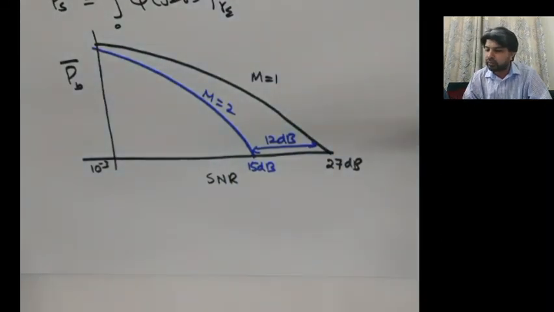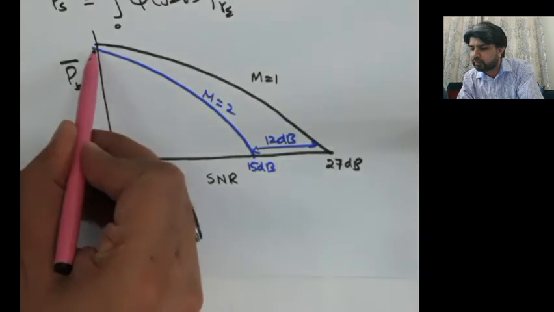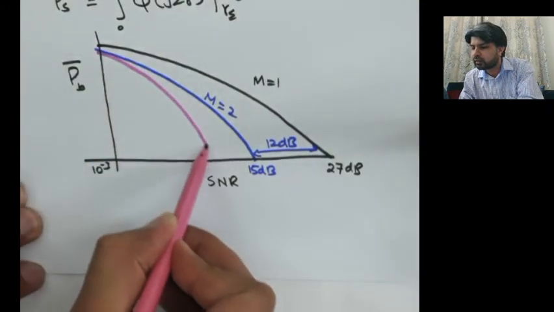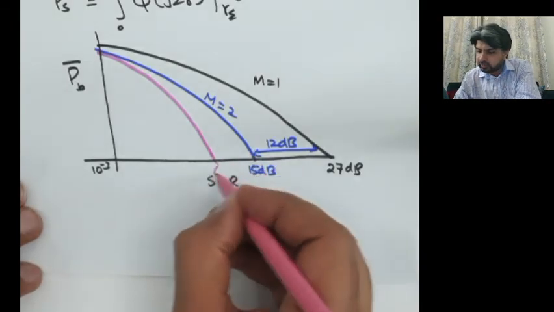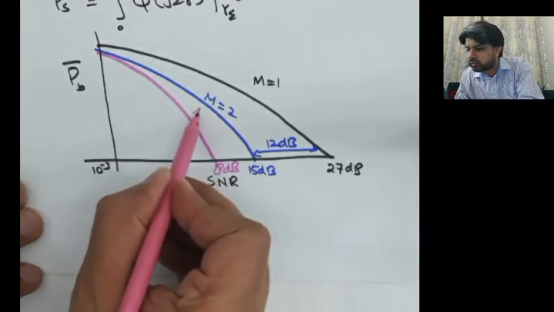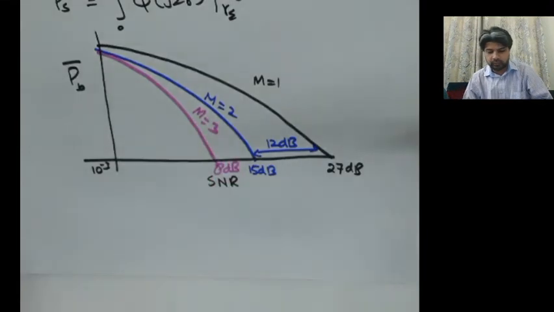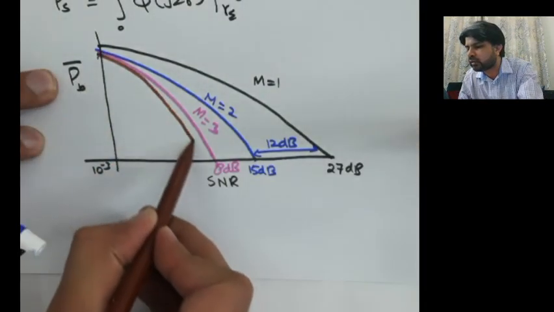And as you increase your M, you would get that SNR at 8 dBs with M equal to 3. And then with M equal to 4, you would get a further gain. But again, you would see diminishing returns here as well.